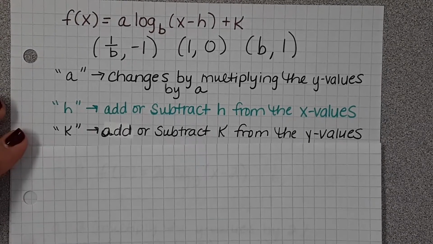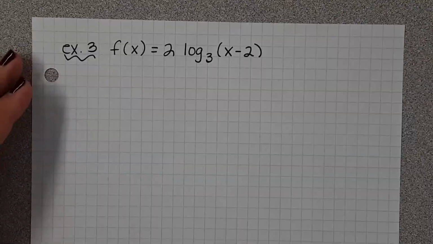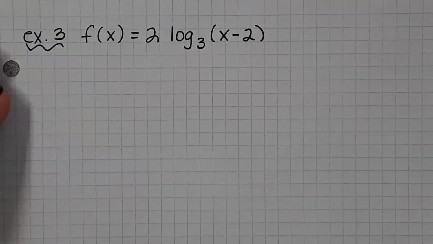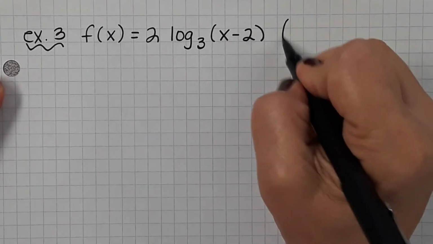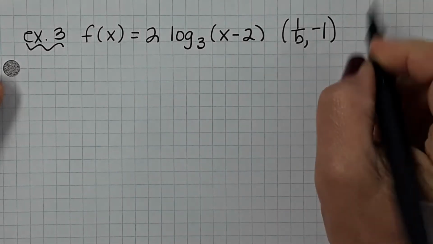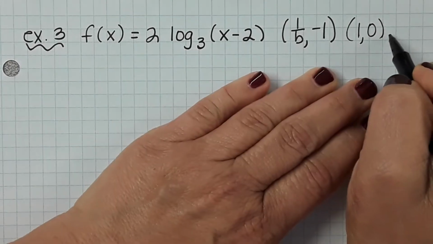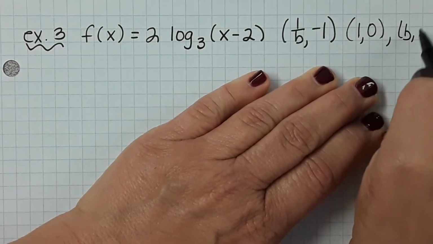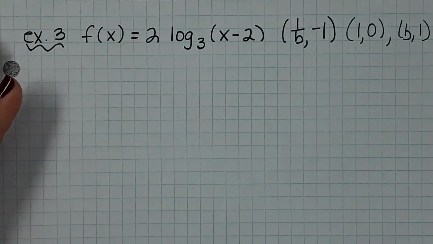Okay, so let's do example 3. A reminder: 1 over B, negative 1; 1, 0; B, 1.